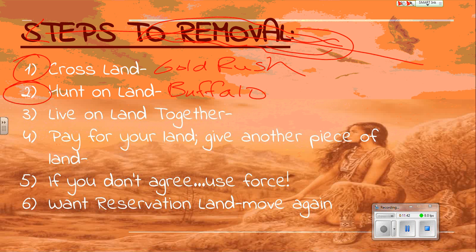The third step was because people started realizing, number one, there wasn't as much gold over here in California, and people started wanting to settle down here in the middle of this land and make little houses and farms. So they said, how about we live on that land together? Can you imagine how well that worked?